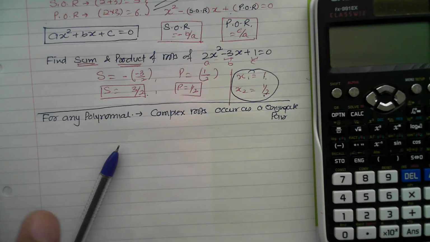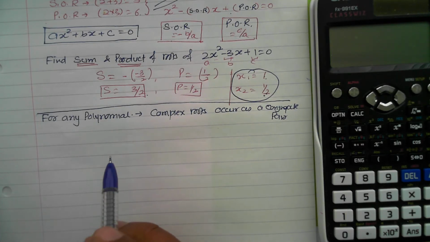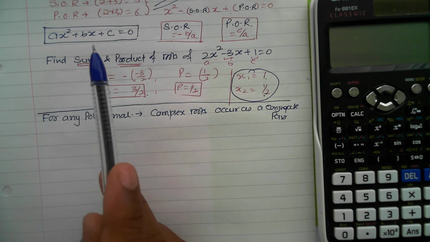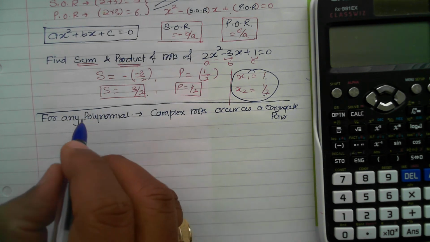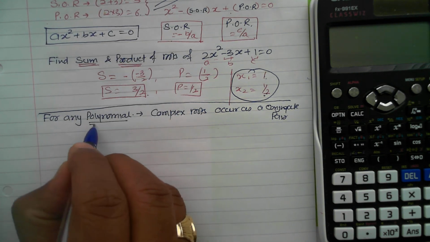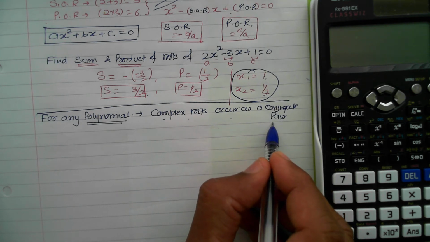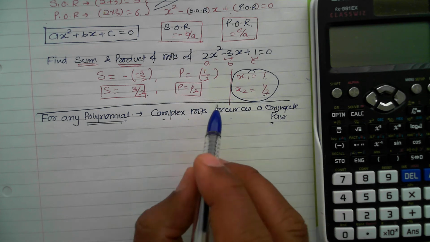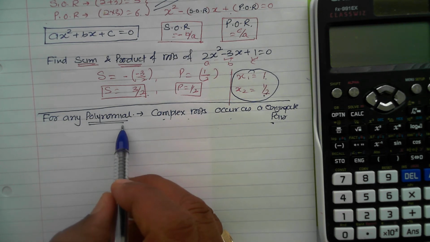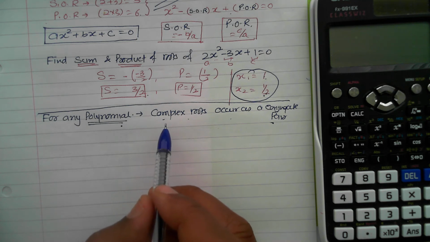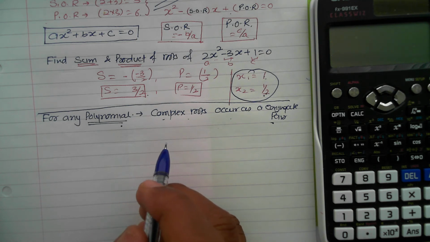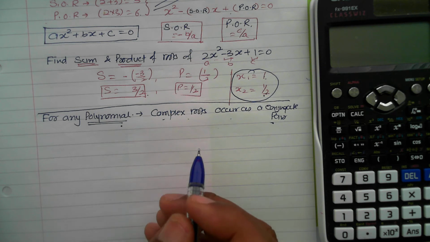The next major step in use of complex numbers, solving polynomials, is that for any polynomial, you've got to know that complex numbers occur as conjugate pairs. What does that mean? If it is a quadratic, cubic, quartic, or any 5th degree, 6th degree, whatever polynomial, if it has a complex root, then definitely it will have two complex roots as a pair.